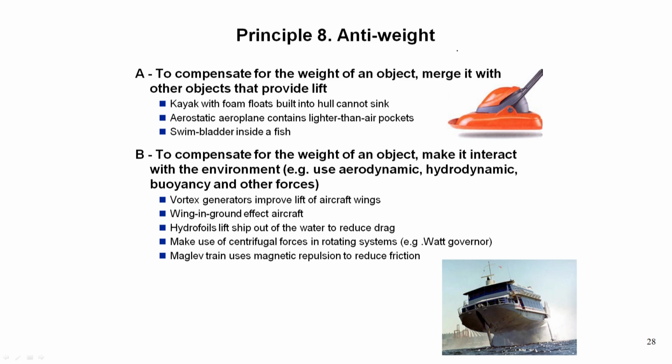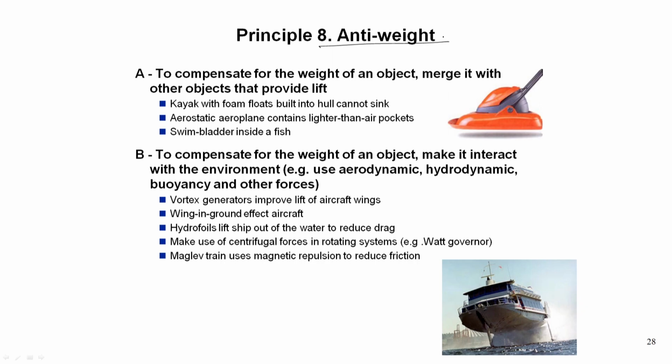Principle 8 talks about anti-weight. To compensate for the weight of an object, merge it with other objects that provide lift. So, the kayak with foam floats, right, or an aerostatic aeroplane. You are basically using a very lightweight thing, and that is what anti-weight is. You are using something which compensates.